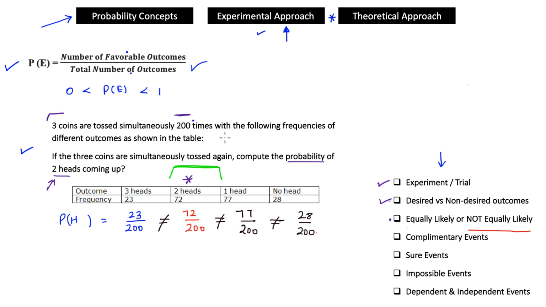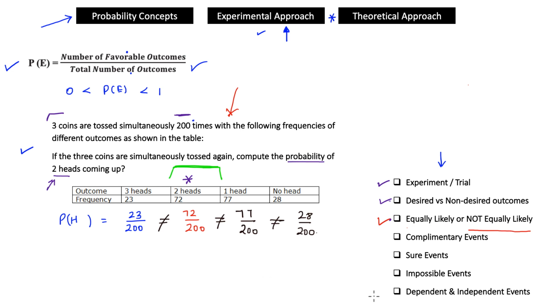Hence, we will say that based on this specific experiment only, all of these events are not equally likely. All right. Next experiment could give you completely different results. We are focusing our discussion strictly on this experiment. Okay. So you should always keep that in mind when you discuss equally likely versus not equally likely.